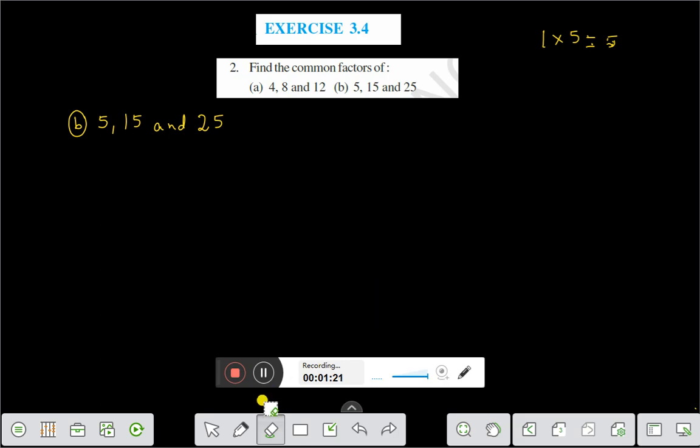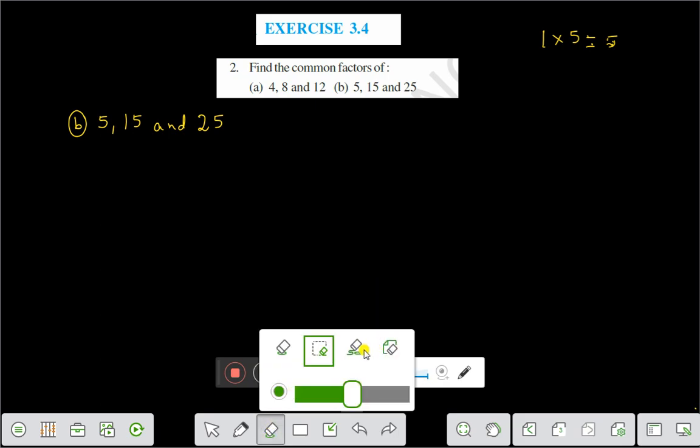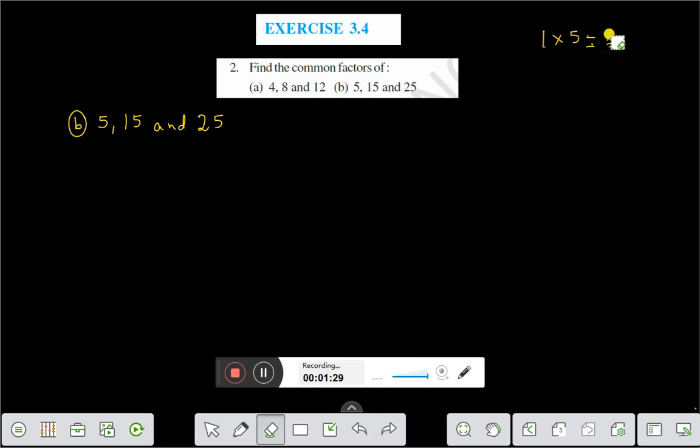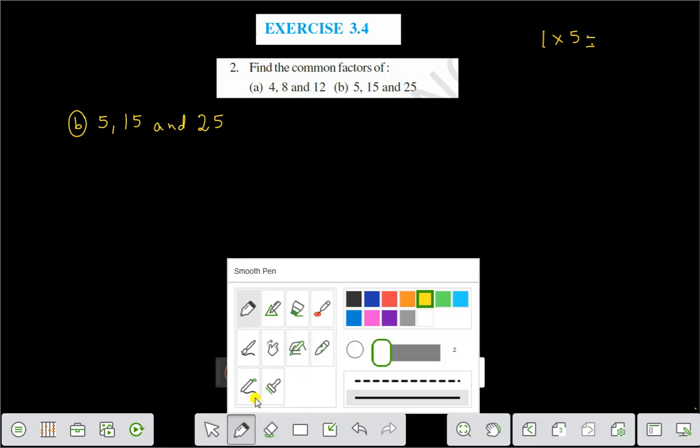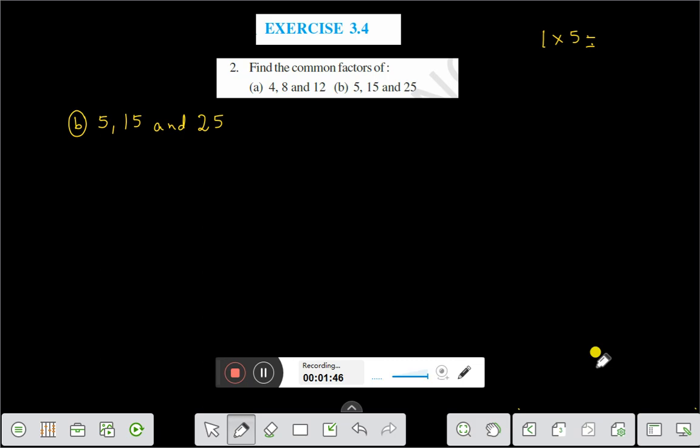Now 1 into 5, that is 5. Now we'll find the factors of 15.